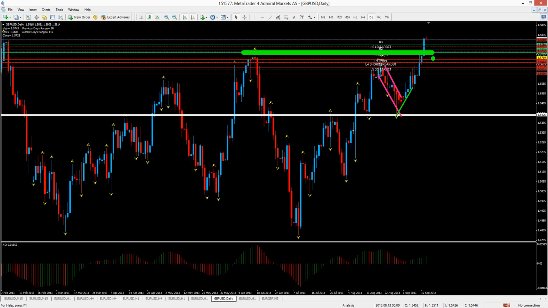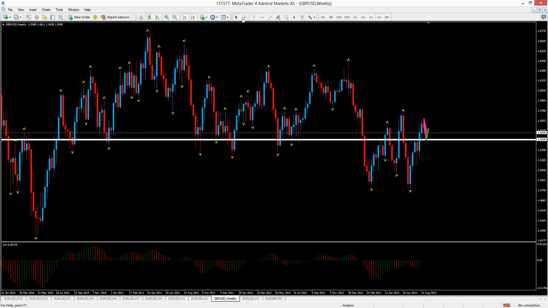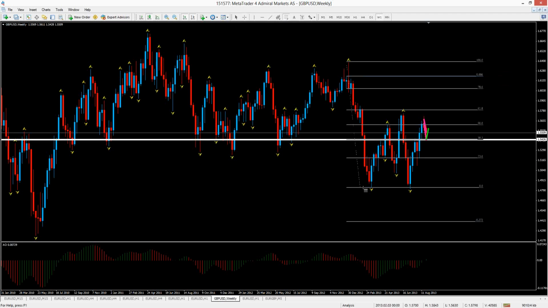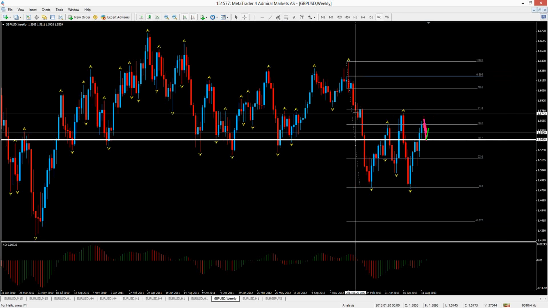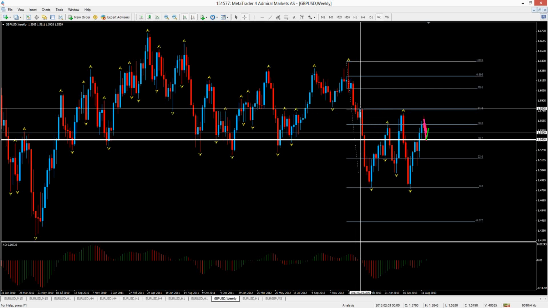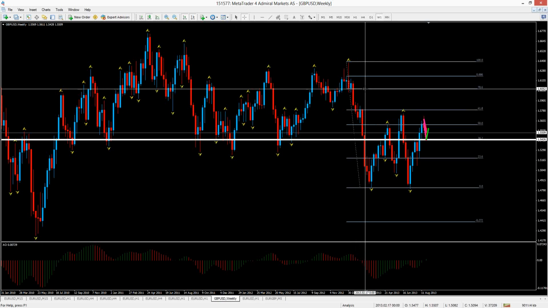Why 160? That's a 780. No, I think 786 fib, in fact, of this down move. 160.50, sorry, there it is.